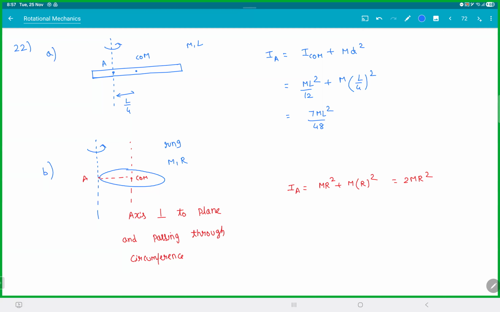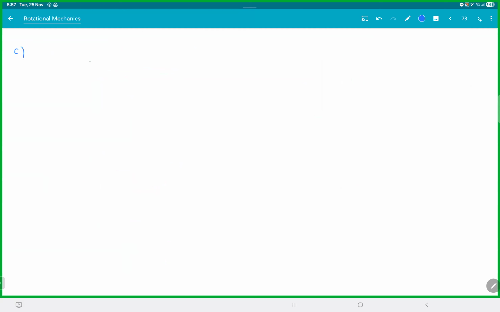Now you guys try. Square plate about the corner. Square plate, mass M, side A. The axis is passing through the corner and perpendicular to the plane.